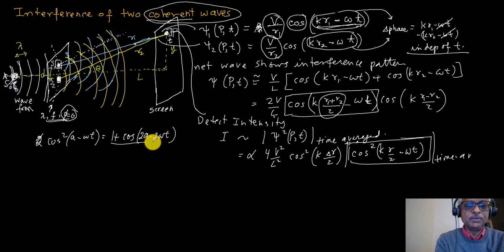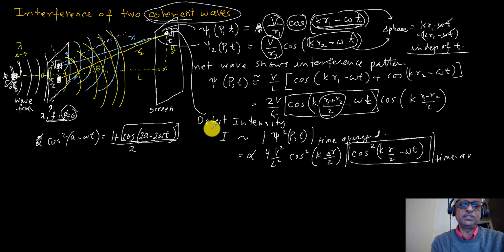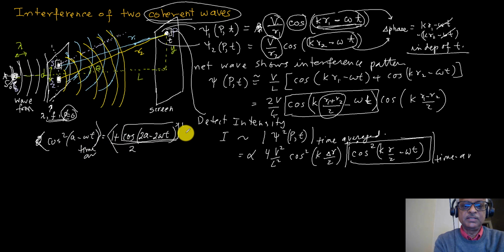And if you divide by 2, you're going to be like that. So when you average this out, the average of that should be 0, right, over one period. So if I average this out, time average, this is the part that doesn't have any time in it, so it just comes out to be half.